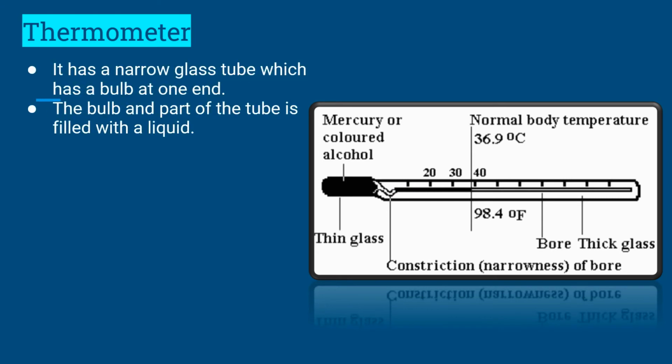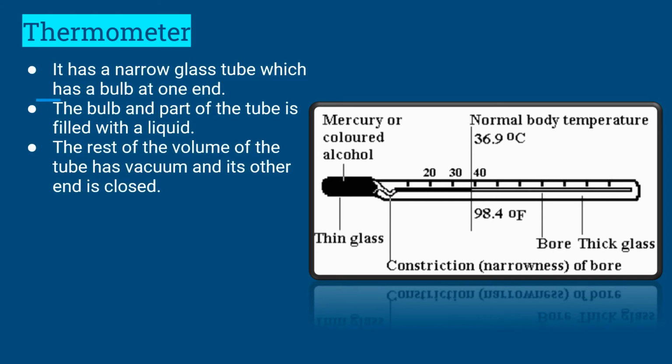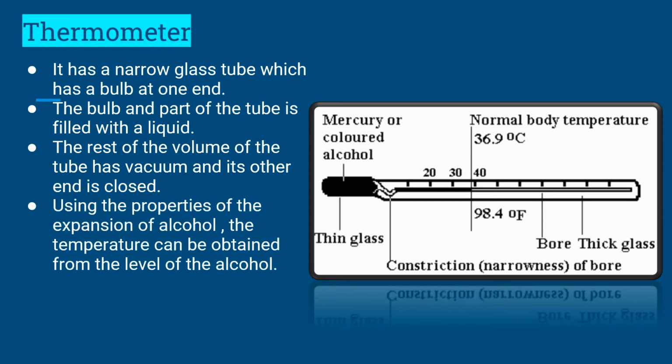Earlier, they used mercury to fill the bulb, but since it has adverse effects on health, we use alcohol now. The rest of the volume has vacuum. So this tube is empty, it has nothing in it, not even air, and it is closed at the other end.